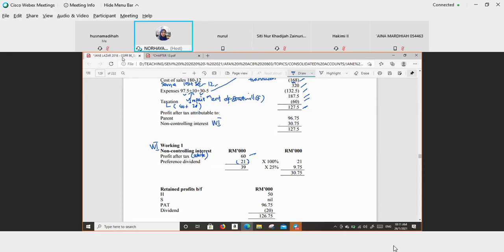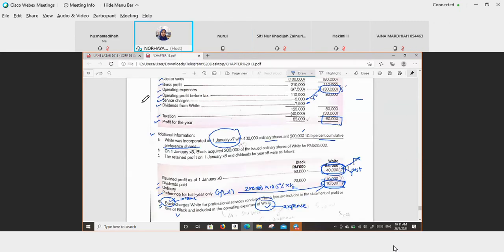Macam mana dapat 21,000 ni? 200,000. Okay, 200,000 darabkan dengan 10.5%. Kenapa tak ambil kat sini je? Kenapa tak ambil 10.5 ni?